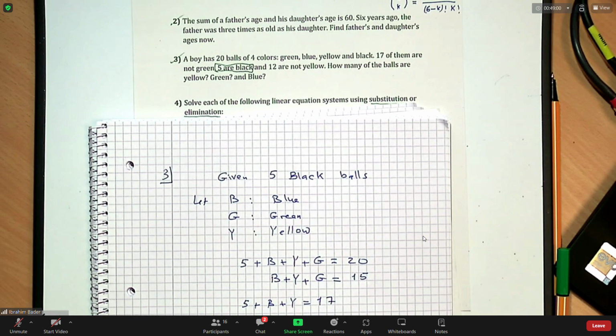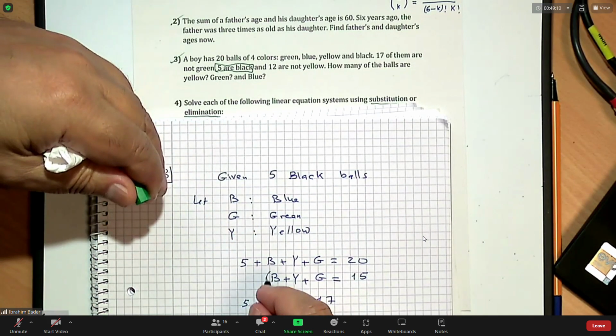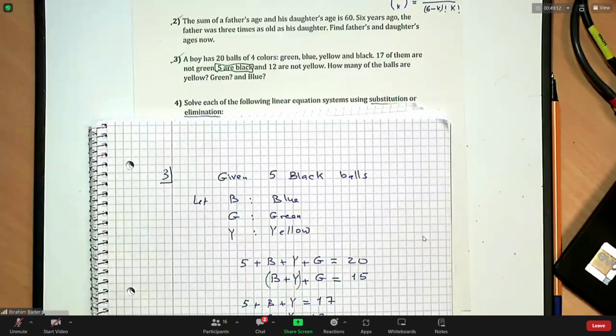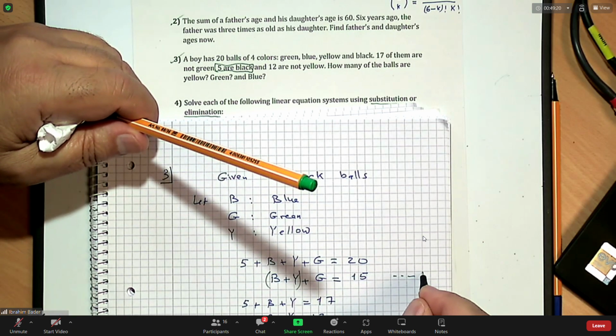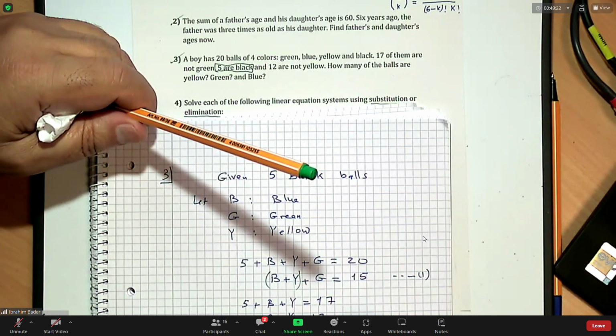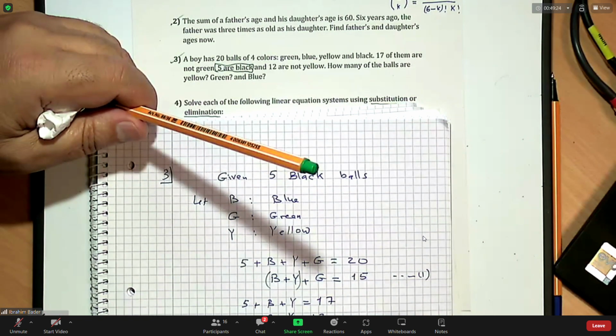From this, we got that blue plus yellow equals 12. As you see here, you can plug this into this one, and you will see that green is equal to 3, okay? So maybe we can number these equations. This is equation 1. This is equation 2.